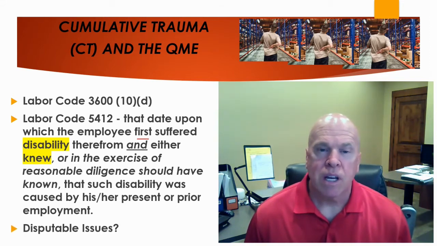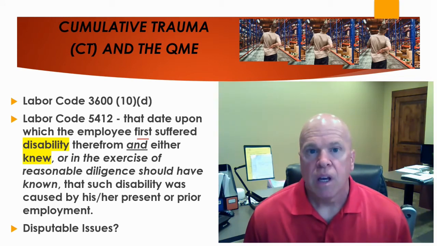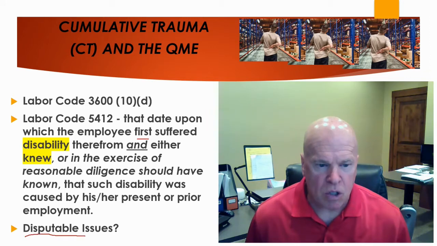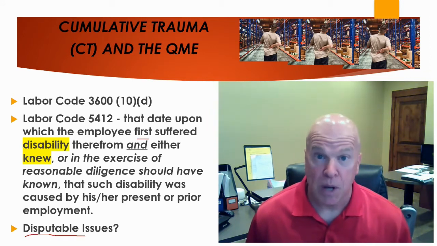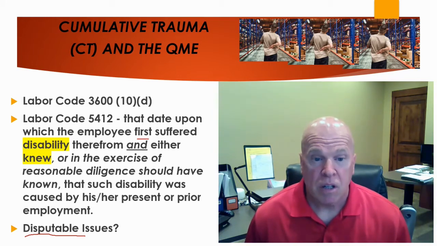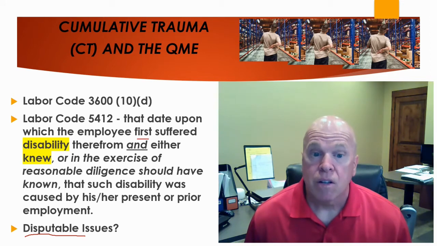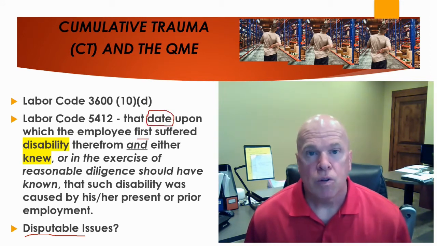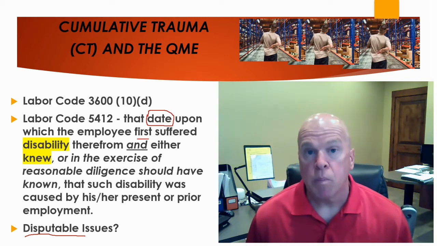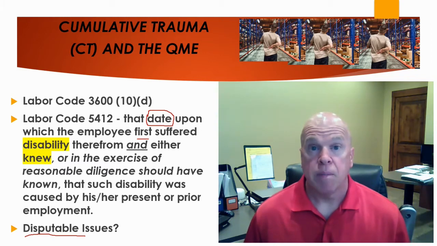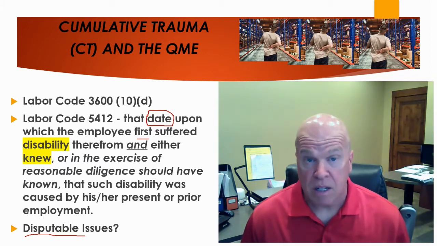Now, let's take a close look at this labor code, and let's ask ourselves, where in this labor code can the potential disputes arise? Okay? So let's take a look at it. It says it's that date. So is date an issue that could be raised as a dispute? Could one party claim that the date is such and such a date, and another party claim that that's not the actual date, that it's actually a different date?